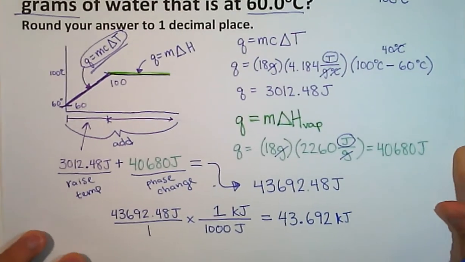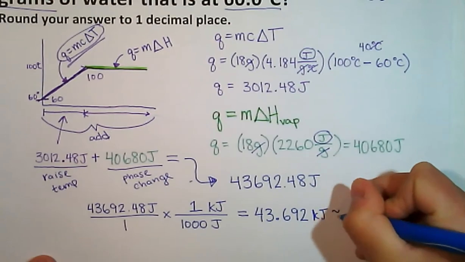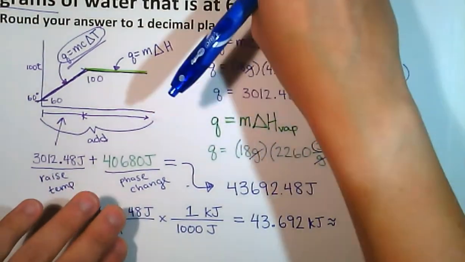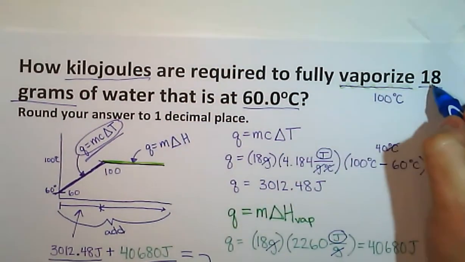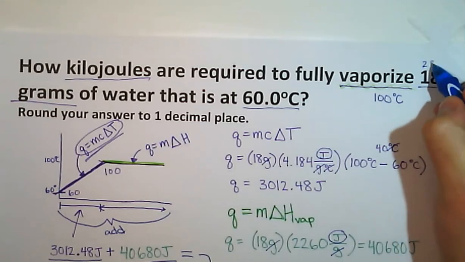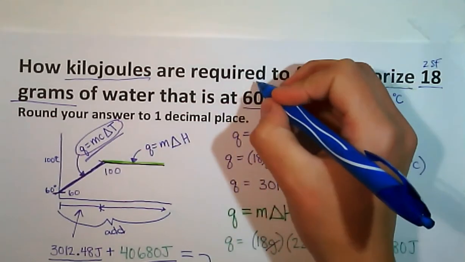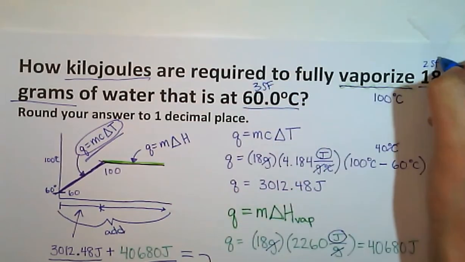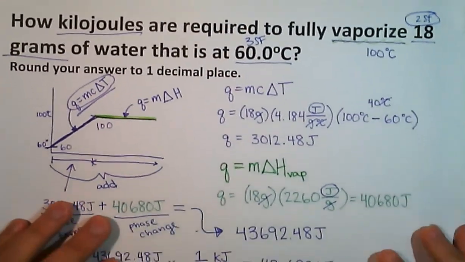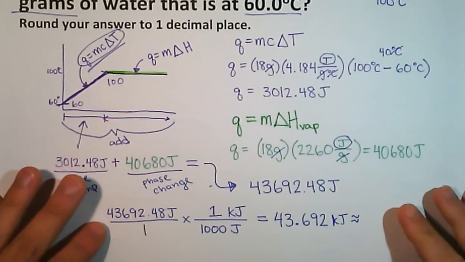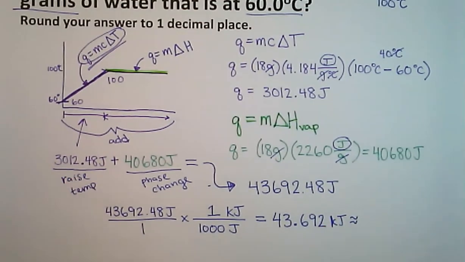And last but not least, we're just going to look at significant figures. Looking at our problem, we have 18, which has 2 sig figs, and 60.0, which has 3 sig figs. So we're going to round to 2 significant figures in our final answer. So we're going to keep the 4 and the 3.